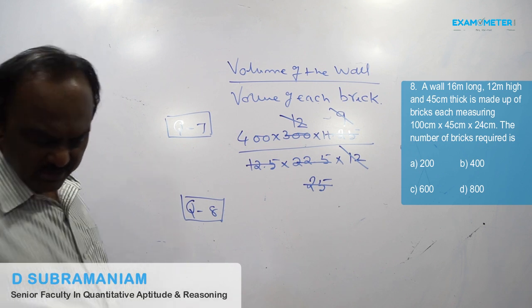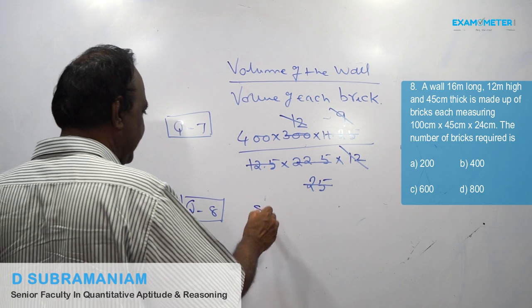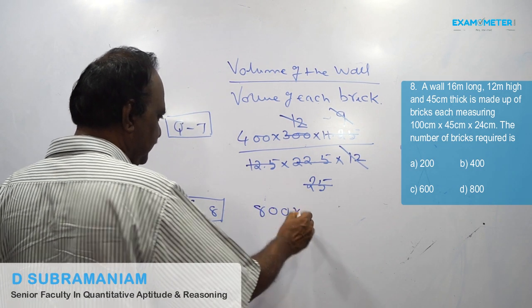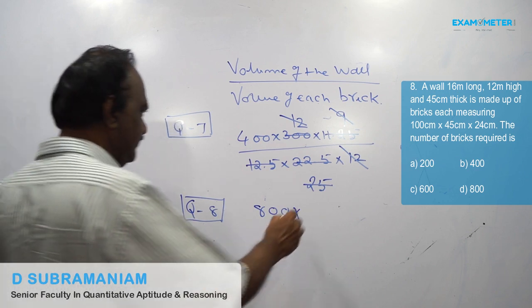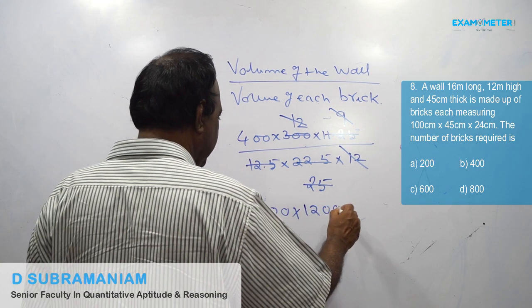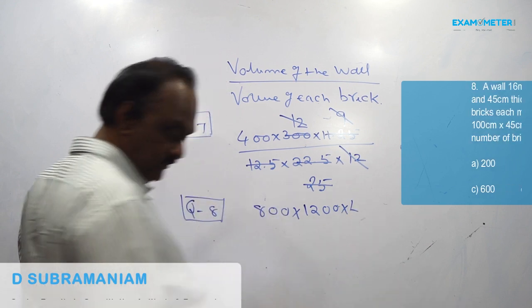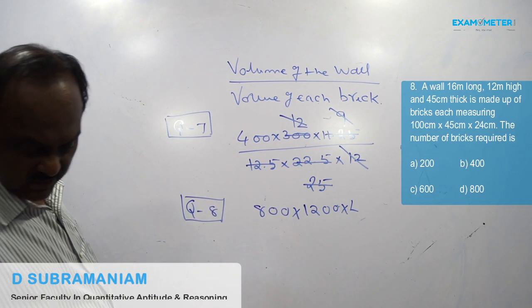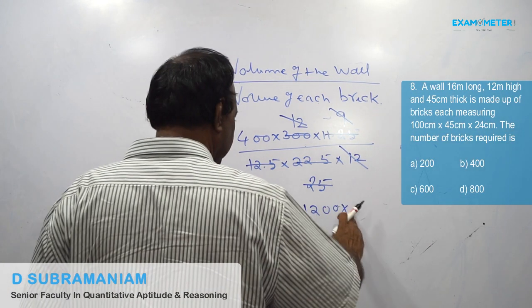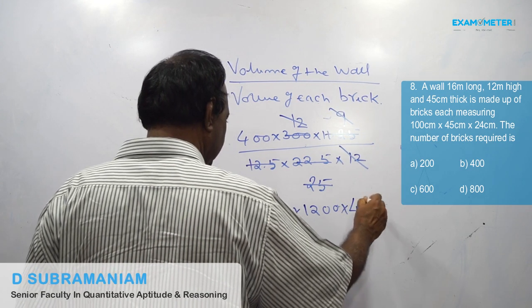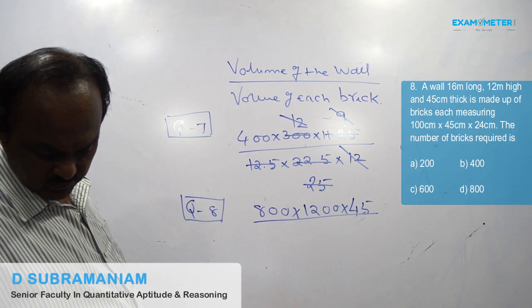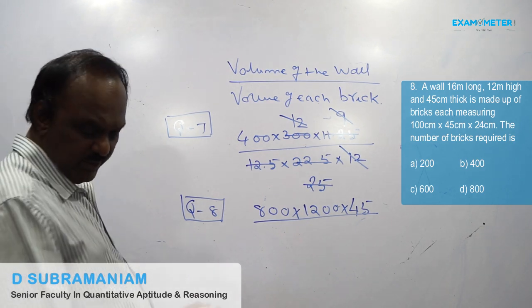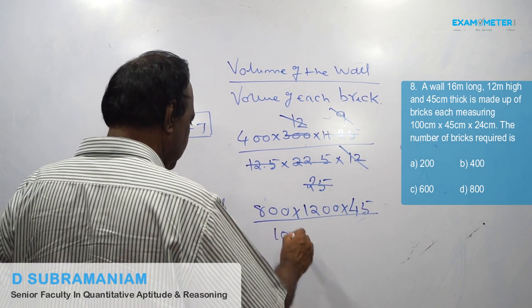Same pattern. 8 meter, that is 800 centimeter. 12 meter, that is 1200 centimeter. 45 centimeter. 100 into 45 into 24.